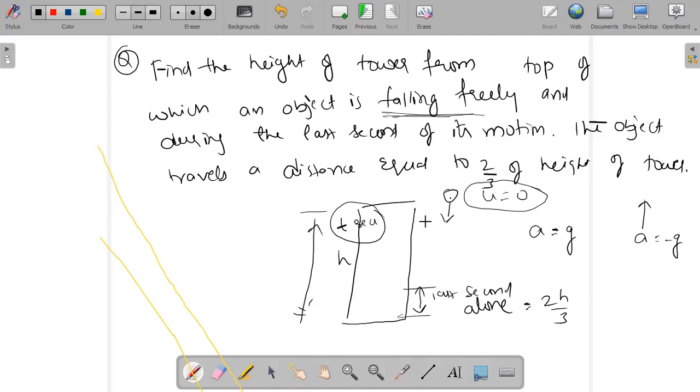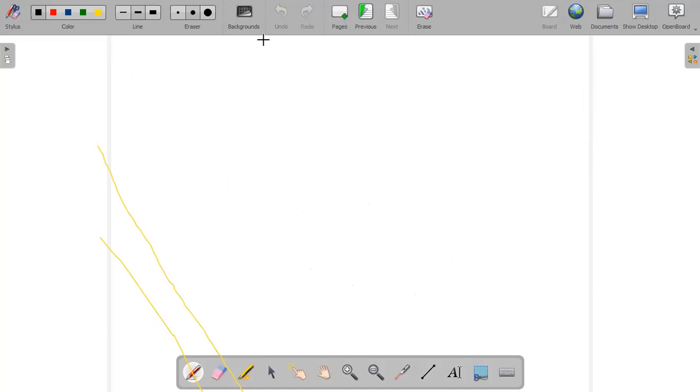If this is the last second, then the time taken to travel the remaining distance is, since the total is t, t minus 1 seconds. So how to solve this problem? We have formulas. V is equal to u plus at.